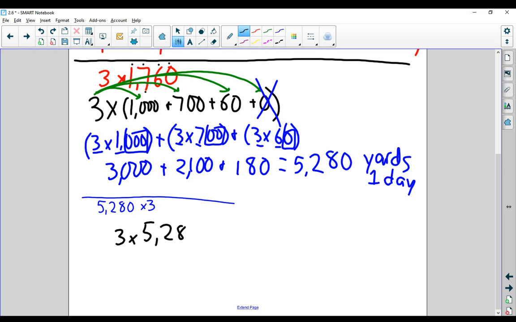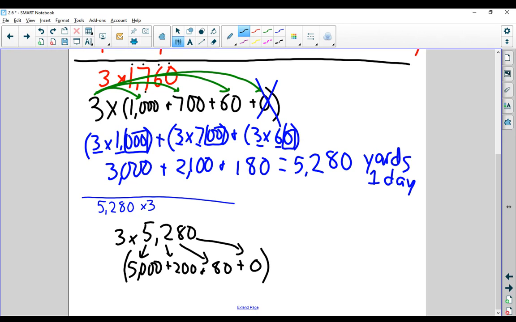5,280. And I'm going to expand out this number, and this is going to become 5,000 plus 2 hundreds plus 8 tens, which is 80, and of course plus 0 ones, just like the other one. We have to multiply those by the factor of 3, just like we did before.